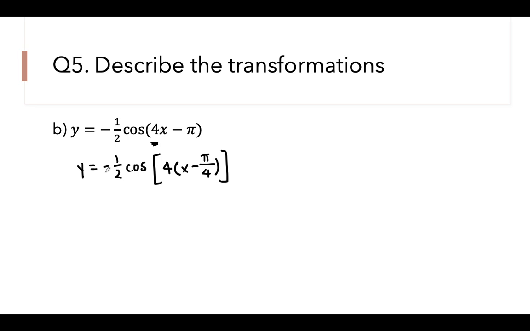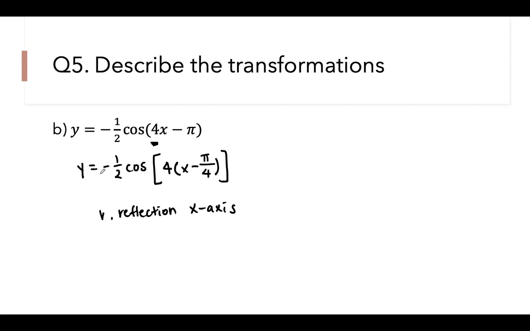If there's a negative, especially outside the function in front of a, that means a vertical reflection through the x-axis. Okay. And then you look at the a value. A value, it's 1 over 2, so it's smaller than 1.